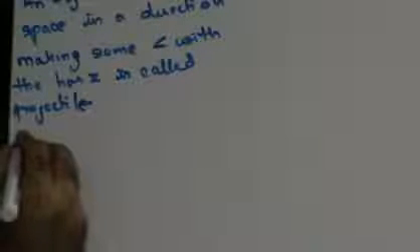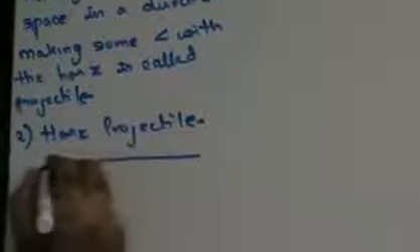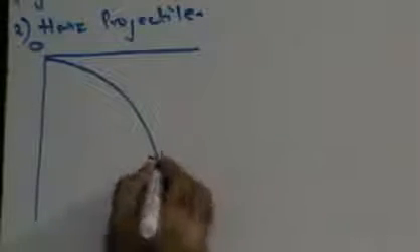Now that we know what is projectile, let's do the derivation for various types of projectile. First, let us do the derivation for a horizontal projectile. Let us assume that the body is at O and it is thrown. This is the direction in which the body moves.